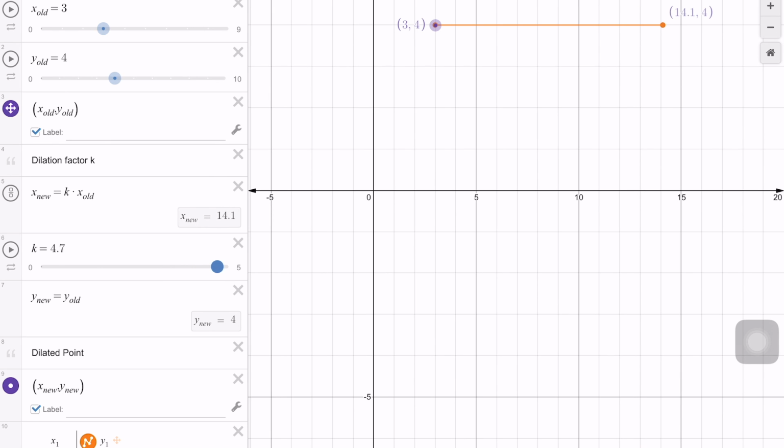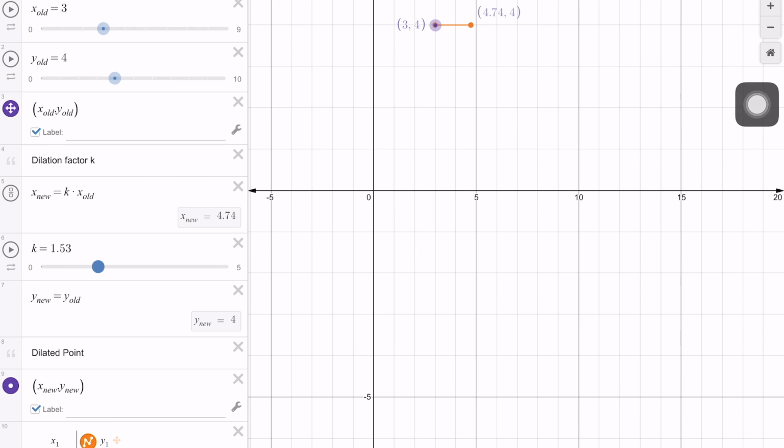So as you can see, as we increase the k, so does the x value moving away from the y-axis. As we decrease the k, the new point will approach towards the original point. Okay, observe that.